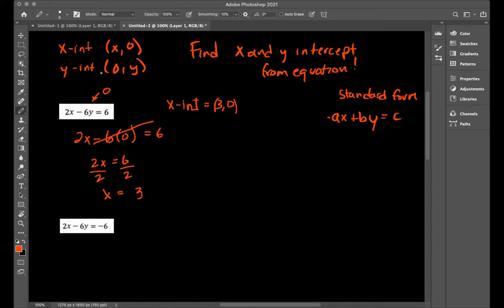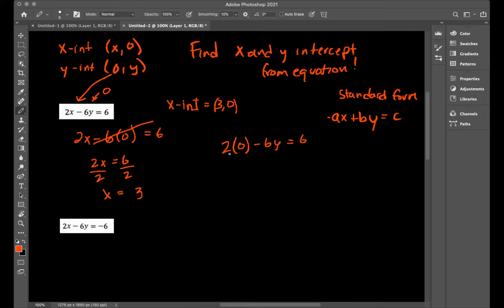So how would I do the y-intercept? I do the same thing. I take my 0, plug that in for x, and then I solve for y. That's all you have to do at this point. So again, I have 2 times 0 minus 6y equals 6.